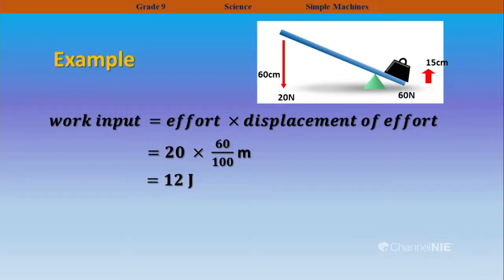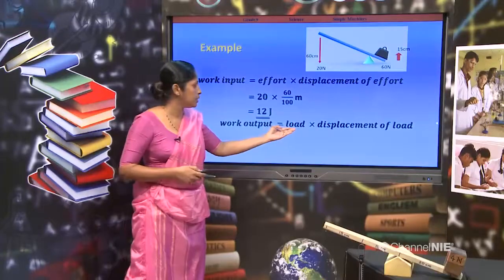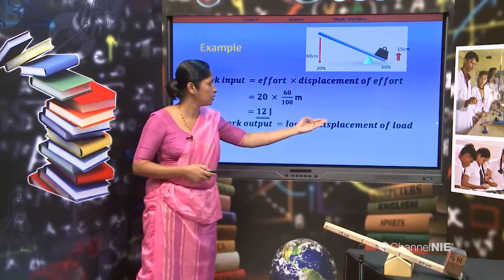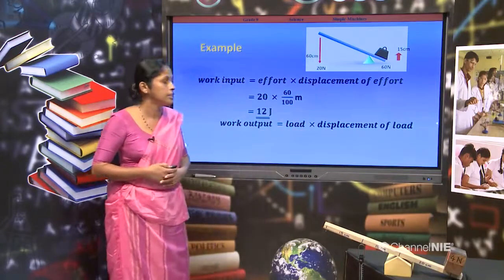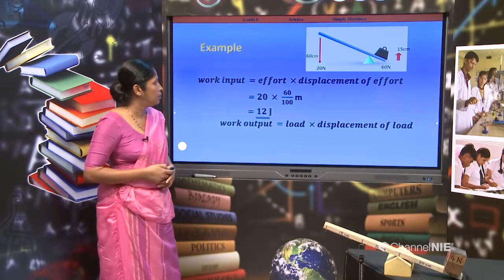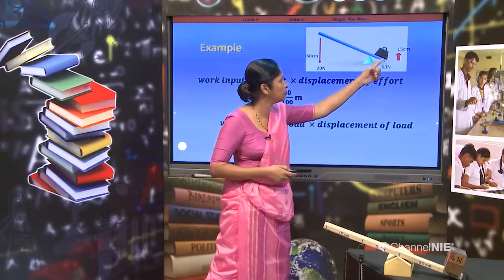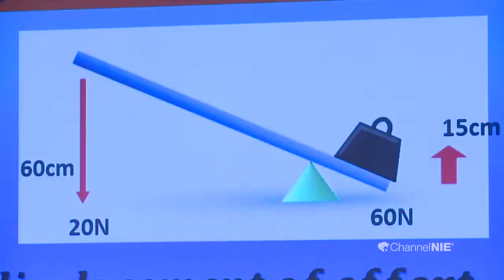Same way, let us calculate work output. Work output is the load multiplied by displacement of the load. Here the load is 60 Newton and it is moved up to a 15 centimeter distance.